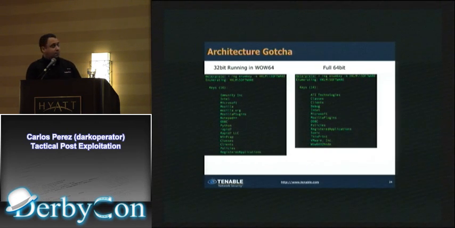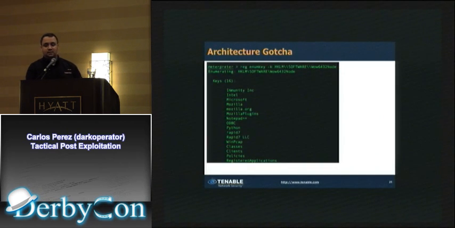But when I enumerate that WOW6432Node, I see the other software that was seen in the previous list, and even a bit more information. So running the proper payload under the proper context of the architecture of the box can make or break a good post-exploitation in terms of the information we can gather out of that box.